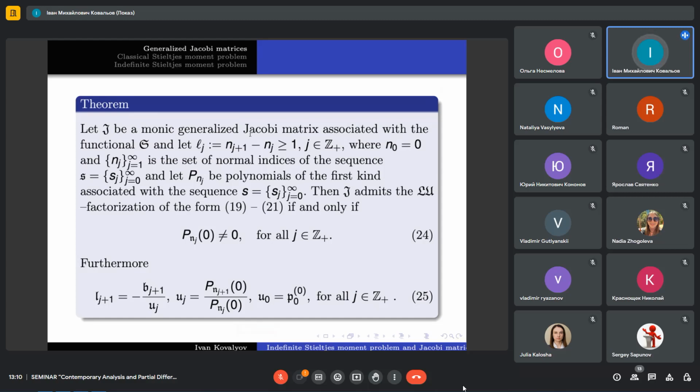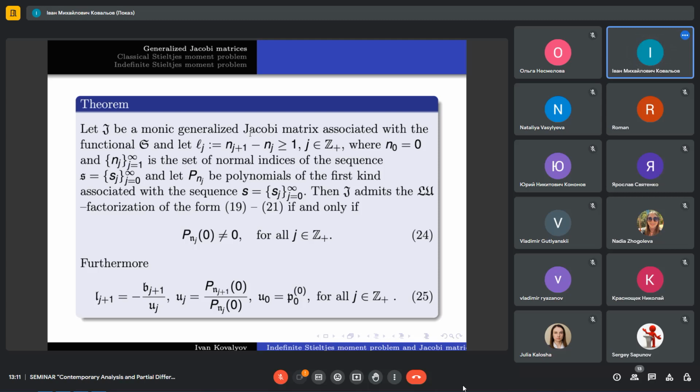So let J be a monic Jacobi matrix, and let Pn be polynomials of the first kind associated with sequence S, and of course, with matrix J. Then matrix J admits the LU factorization if and only if the polynomials of the first kind don't vanish at 0, and L_j, U_j can be found by formula 25.